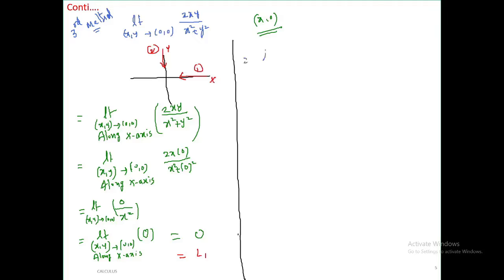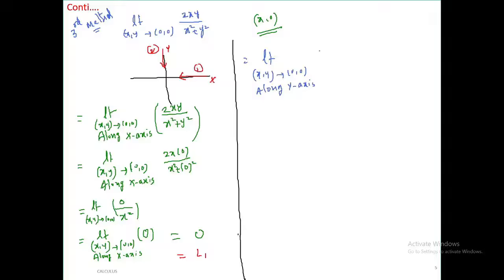So same thing. So limit x comma y reaching to origin. Now my goal is I have to reach to origin, choosing different paths. Now along y-axis I am choosing. Through y-axis also I can reach, like this or like this. Through negative y-axis also I can reach. Through negative x-axis also I can reach. Okay, along y-axis.